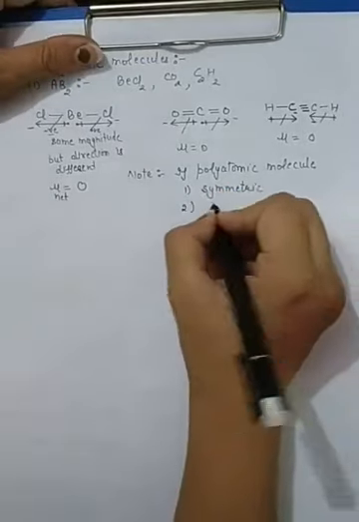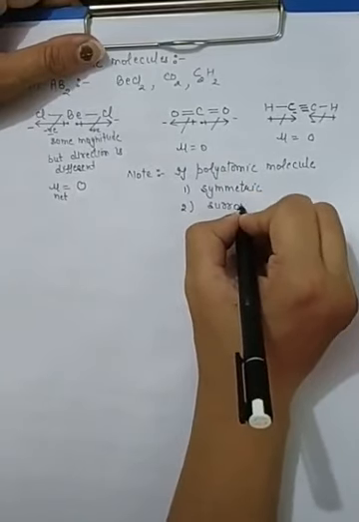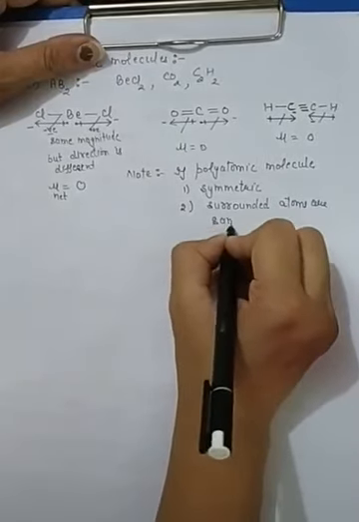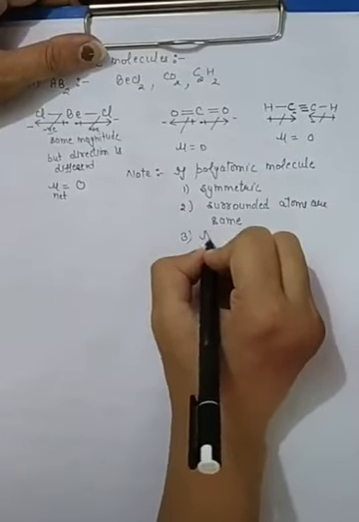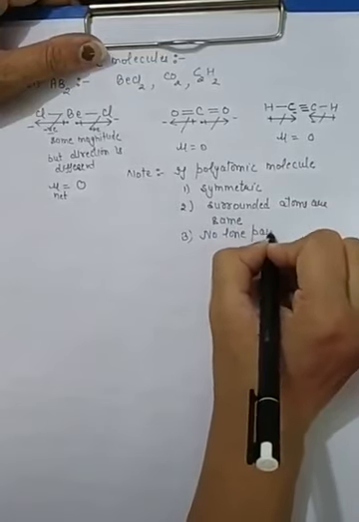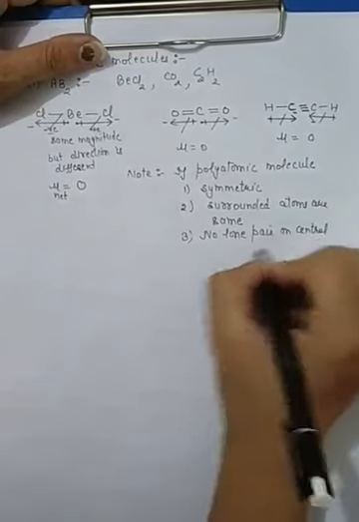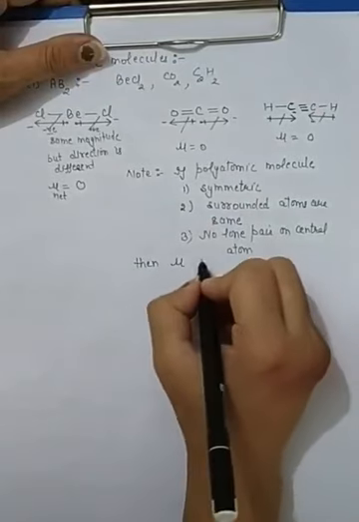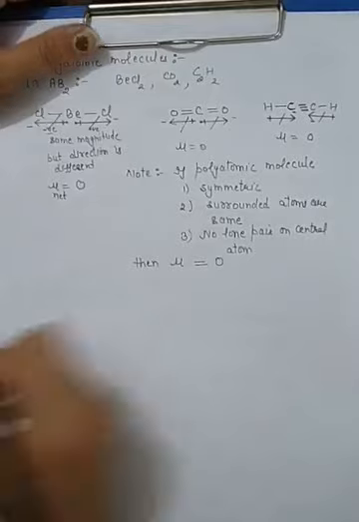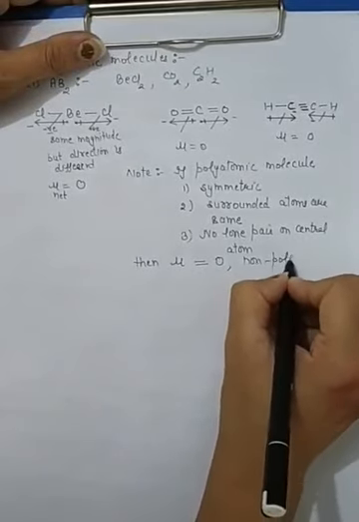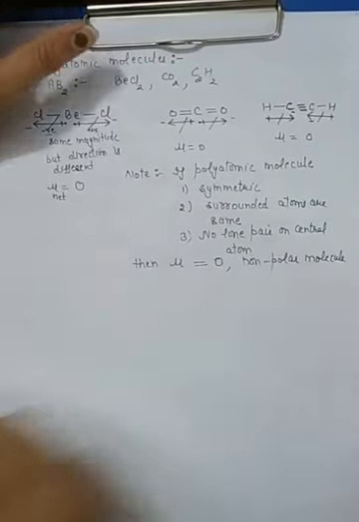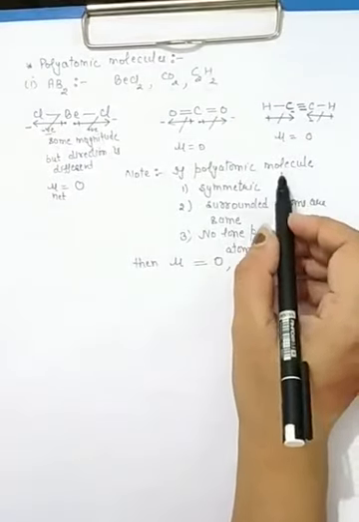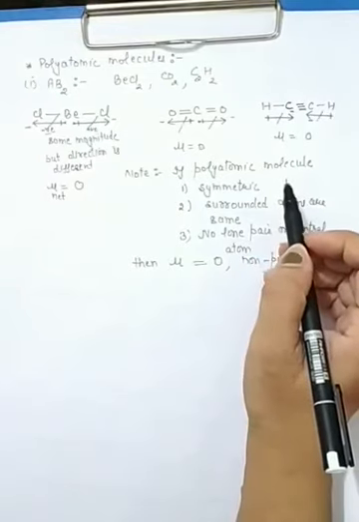Second, the surrounded atoms are the same, or no lone pair on the central atom, then mu for such type of polyatomic molecule is equal to 0, and the molecule is non-polar.